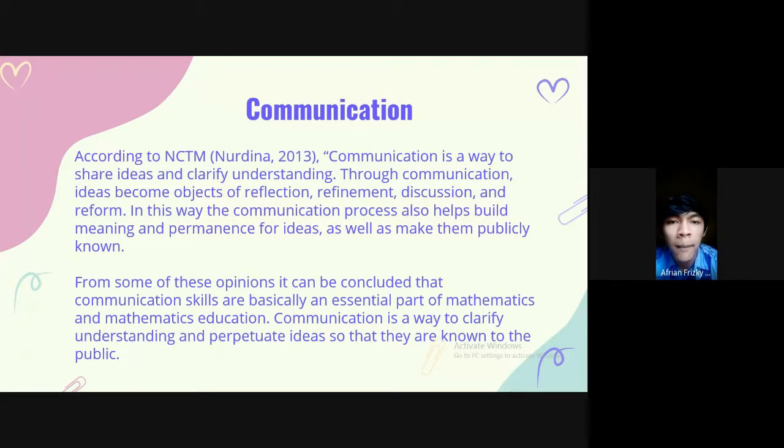And from some of these opinions, it can be concluded that communication skills are basically an essential part of mathematics and mathematics education. Communication is a way to clarify understanding and perpetuate ideas so that they are known to the public.